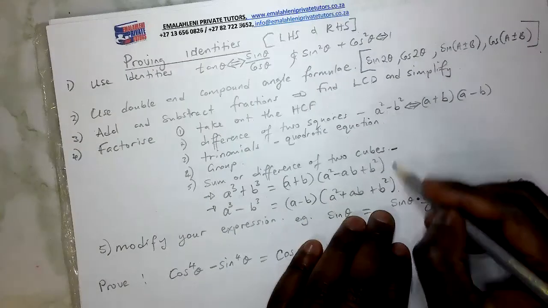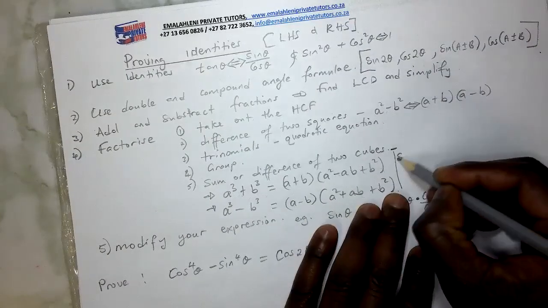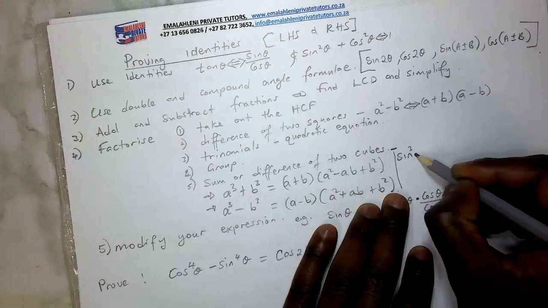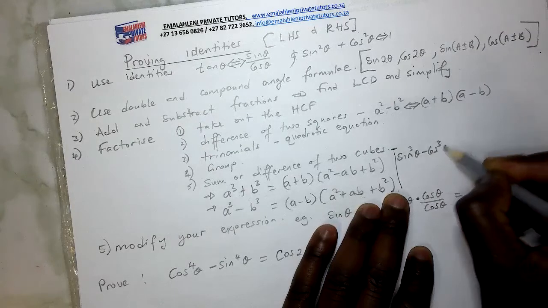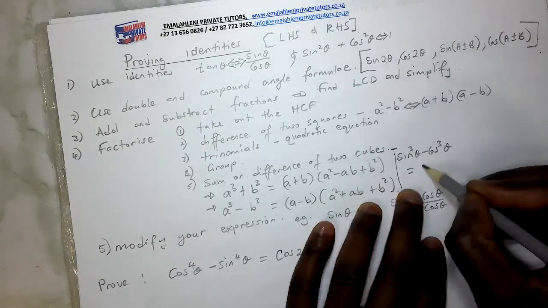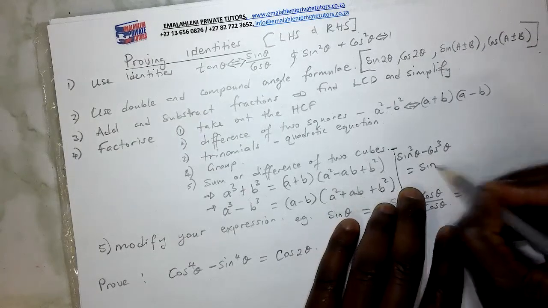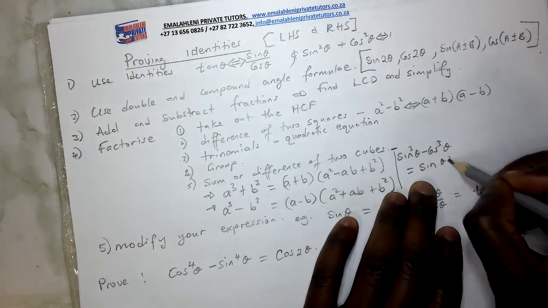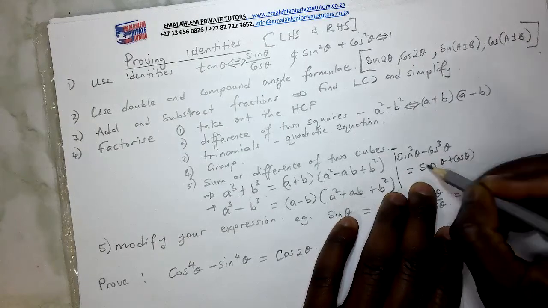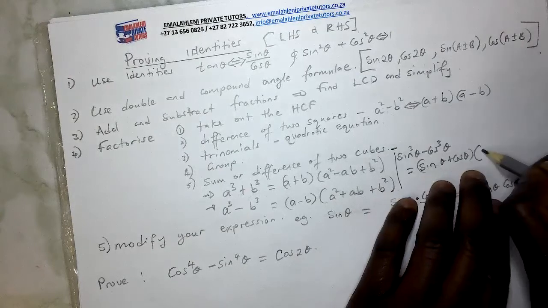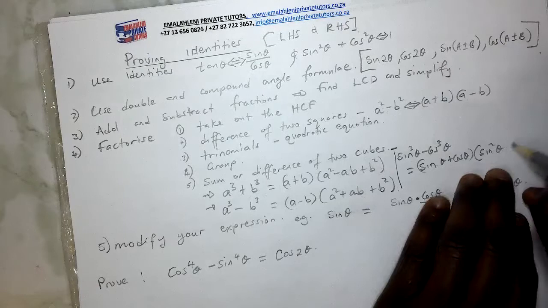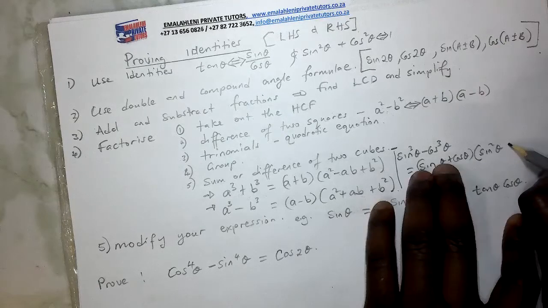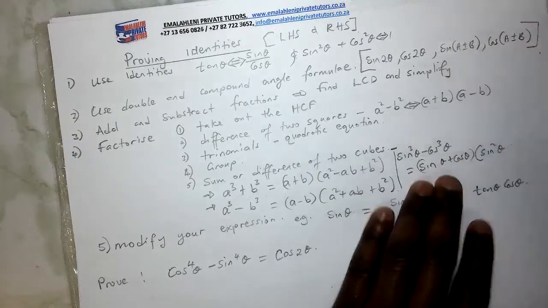Okay, let me just express one for you. Let's say sine cubed theta minus cos cubed theta. This is equal to sine theta minus cos theta in bracket, sine squared theta plus, so what do we have here? Sorry, it has to be minus there.